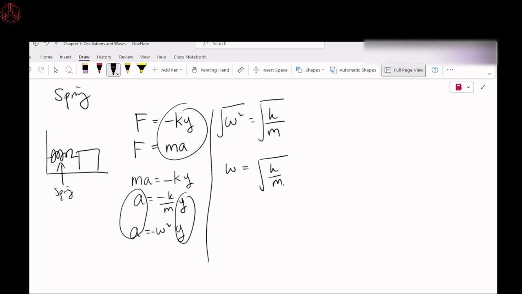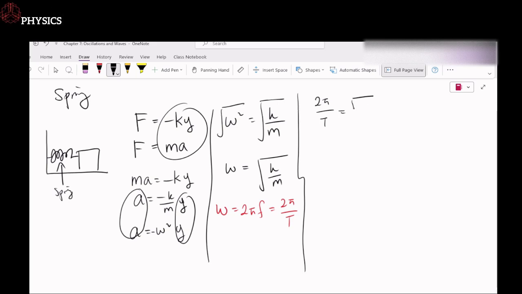We're not looking for omega, we are looking for period. And omega is equal to 2 pi f, which is just 2 pi over T, right? So then what I'm left with is 2 pi over T equals the square root of k over m.